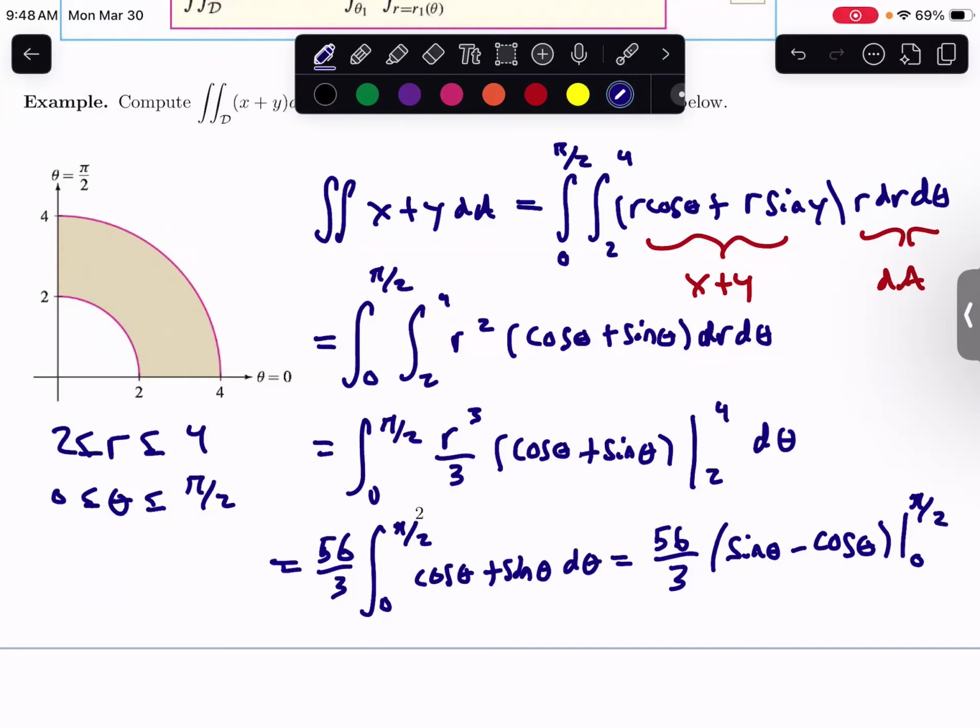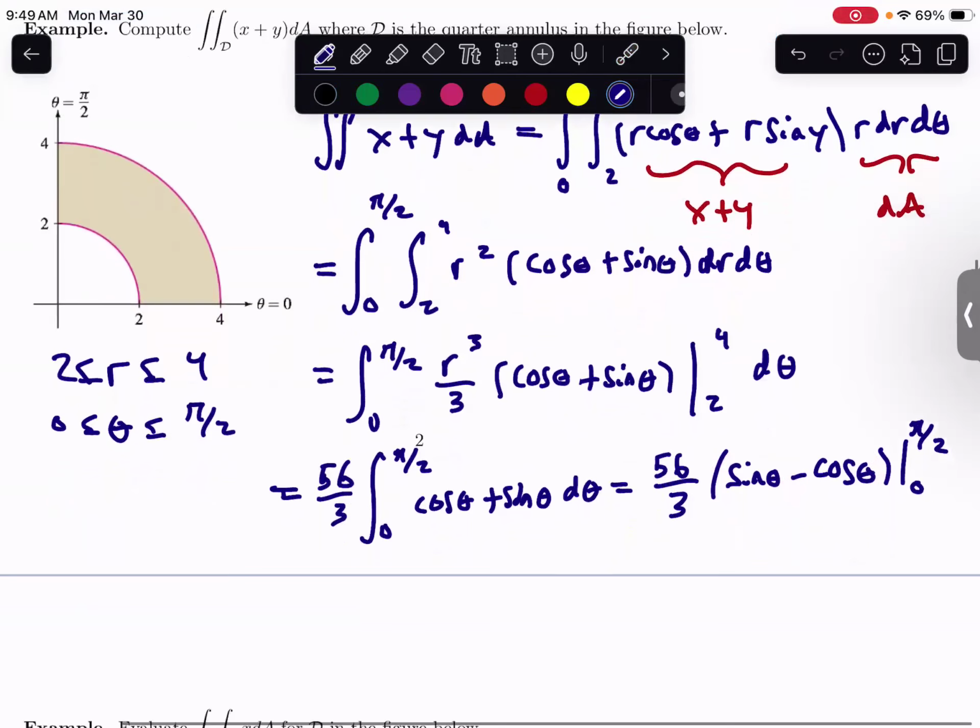So if you plug in pi over 2 here, this is going to give you a 1 minus 0. And then when you plug in 0, this will give you a 0, and then you'll have a minus 1. So you really have 1 minus 1, which would be a 2. So you're really just multiplying the 56 by 2. And so this is going to be equal to 112 over 3.